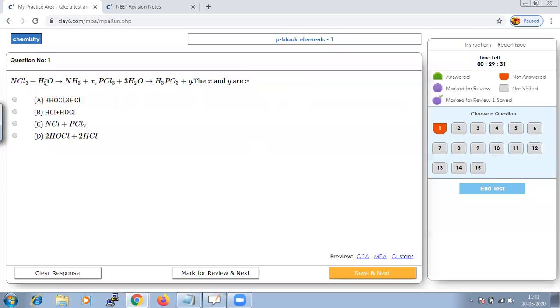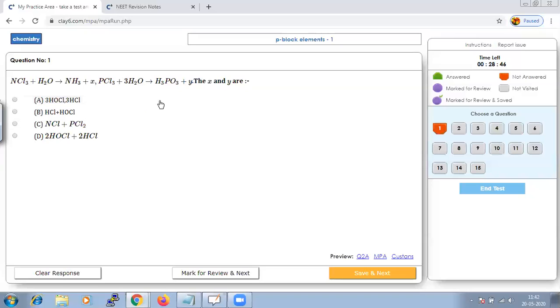So when we look at this question, it says NCl3 plus H2O gives NH3 plus X. Two different reactions are given and we have to find out which one is correct. NCl3 plus H2O gives NH3 plus HOCl, and PCl3 plus H2O will give you H3PO3 plus Y, that is HCl.